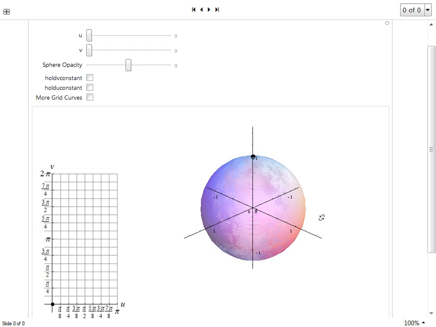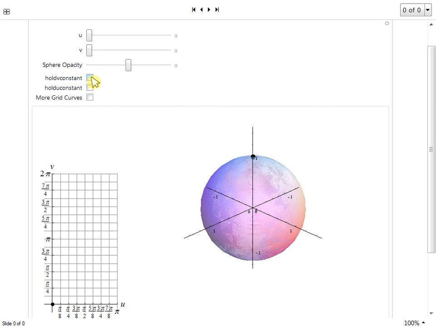It's just a two-dimensional clock running in the background. With me? If I hold v constant, now this is where I am right now. You see that point? My u is 0, my v is also 0. So if I'm at 0, 0, and I plug it into that vector function, I'm up here at the north pole of this sphere.